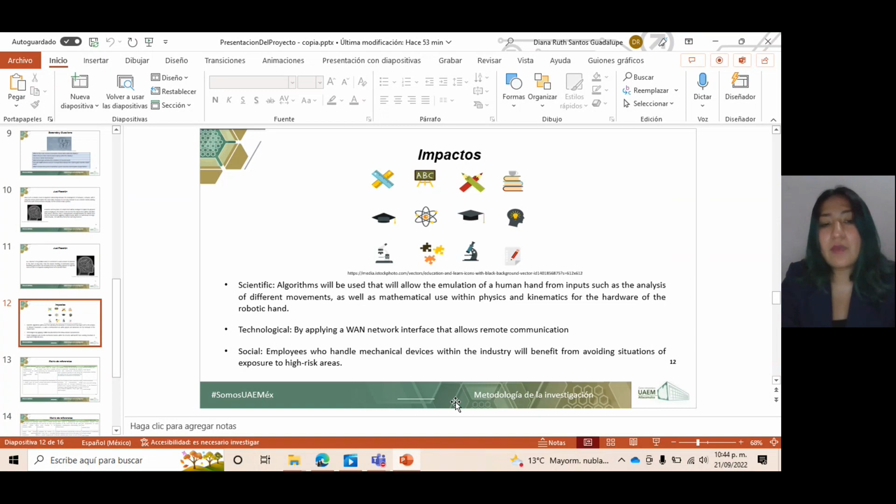Technological: we will use an IP network interface that allows remote communication. Social: employees who handle mechanical devices within the industry will benefit from avoiding situations of exposure to hazardous areas.